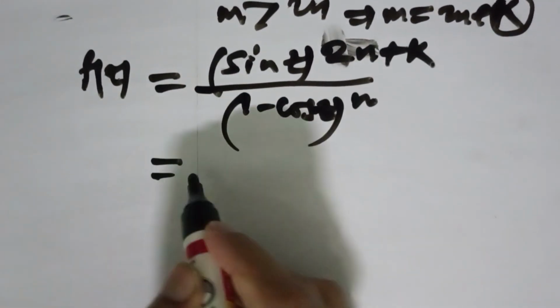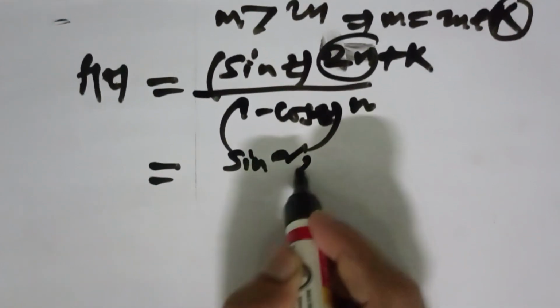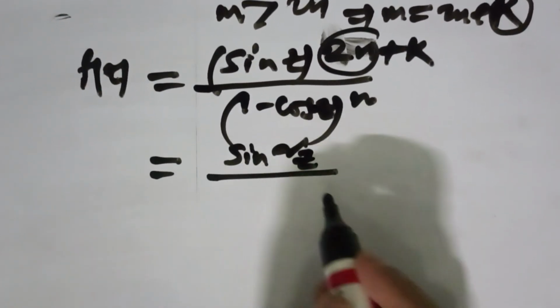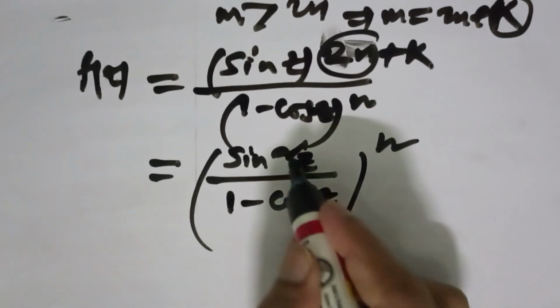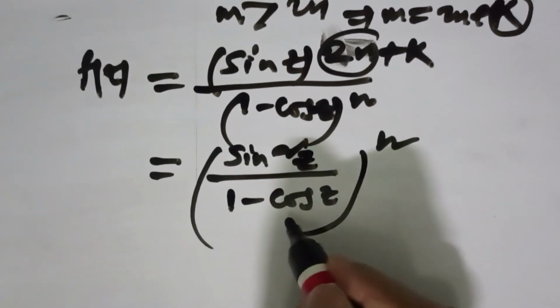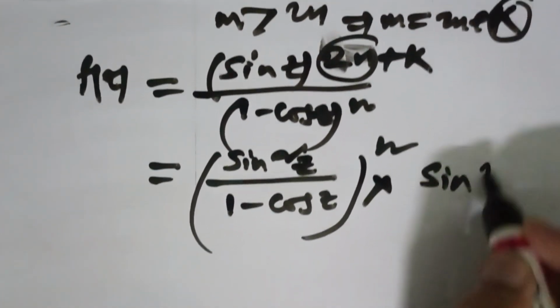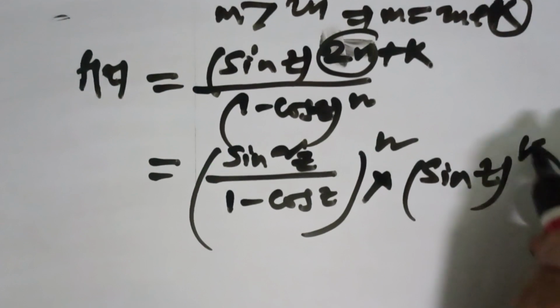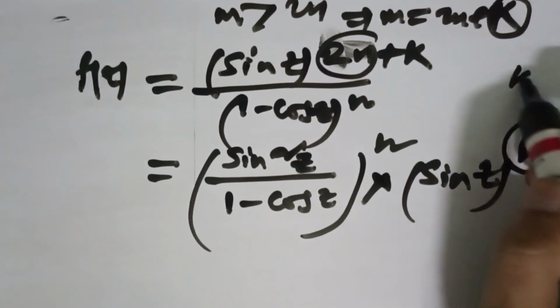Here is 2n, so I am doing one thing: square of sin z, and 1 minus cos z, take it to the power n. If multiplied, it gives sin to the 2n, and 1 minus cos z to the power n, and the remaining part sin z to the power k. And k is a natural number, and it will be greater than or equal to 1.